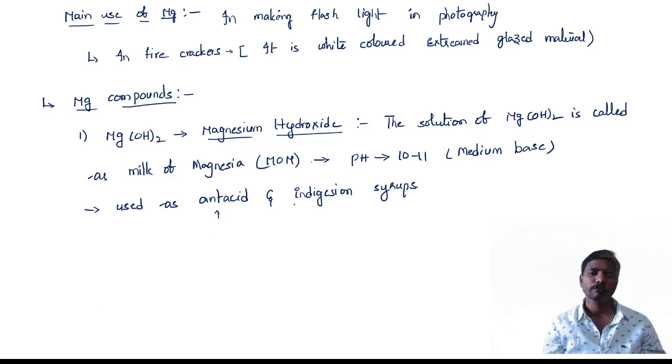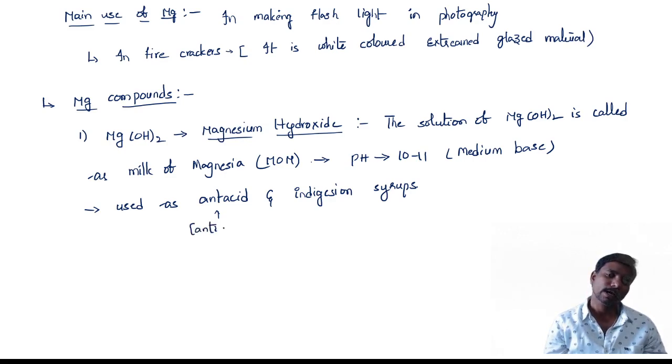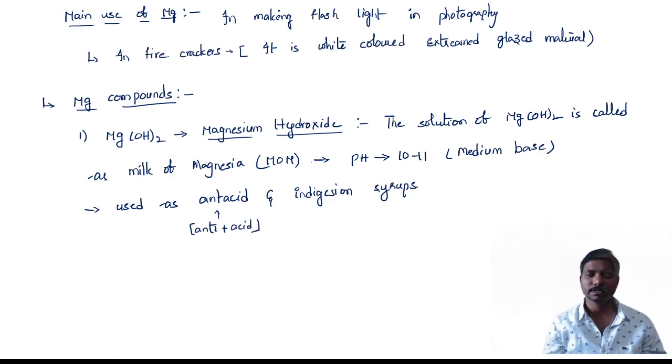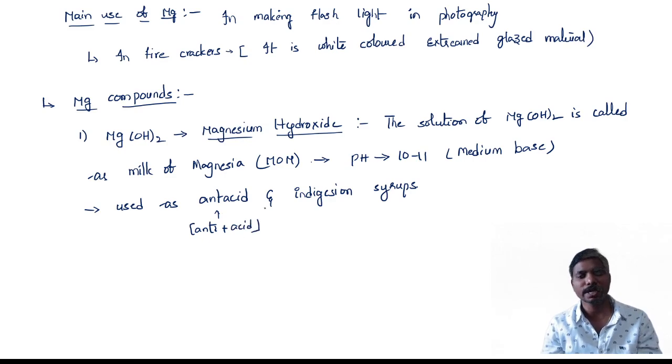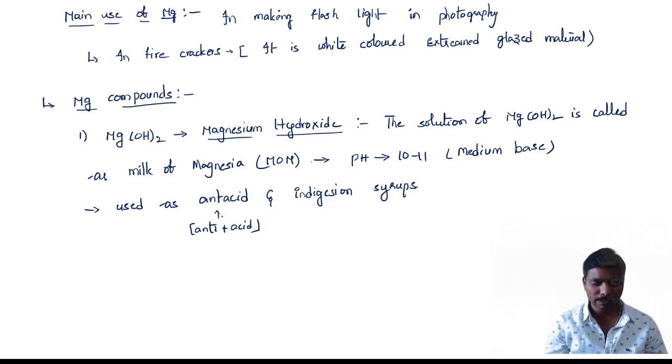So if you use some medium base, then the pH becomes nearly 7. That means we can recover from acidity. So antacid is nothing but anti-acid, that is, a base. So it is especially used as antacid and indigestion syrups. Okay, very important question.